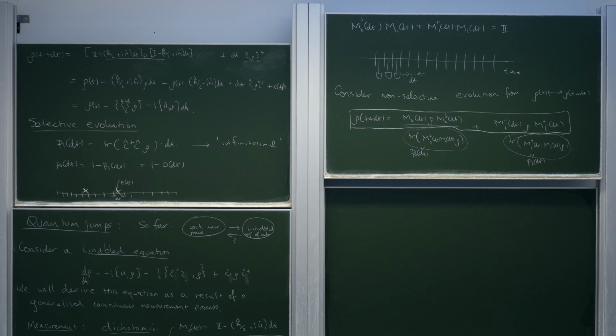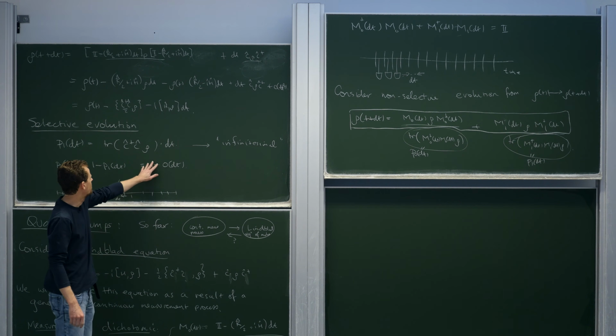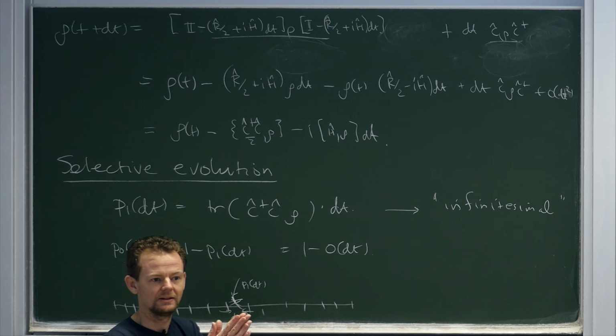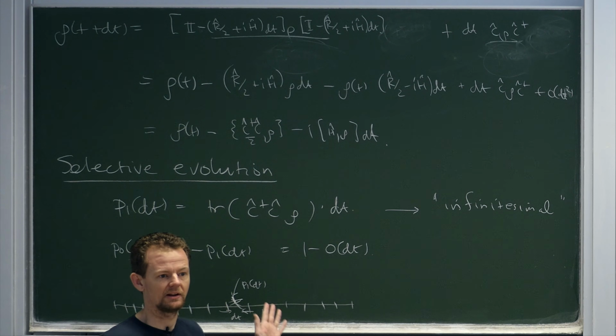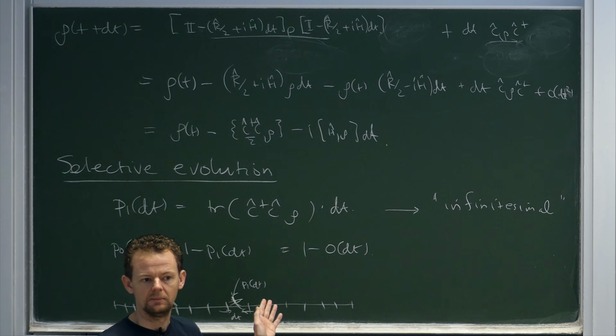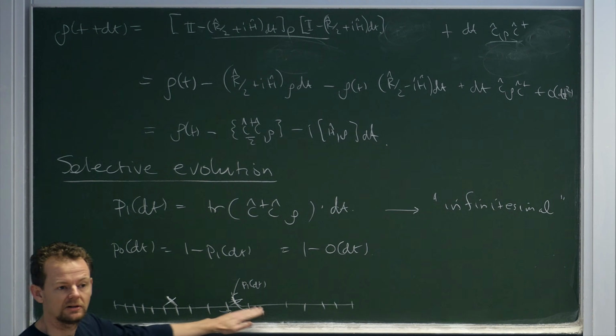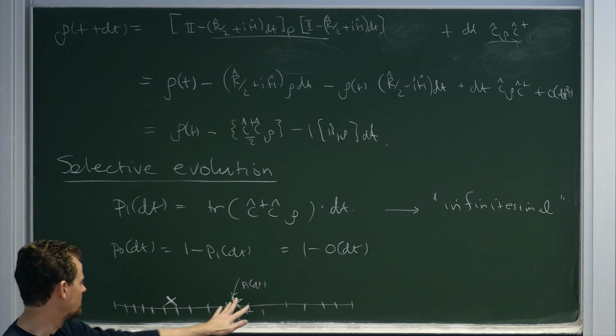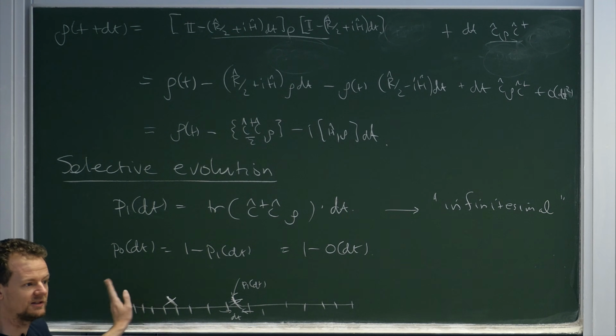Although it looks like there's a Zeno paradox, right? The chance of there being a click is going down with the time window. So the smaller you make your time window, the less chance there's a click. It looks like you never get a click if you send dt to 0. But you get more time bins in a finite period of time. So even though you're reducing the probability of there being a click, there's more places for the click to occur.